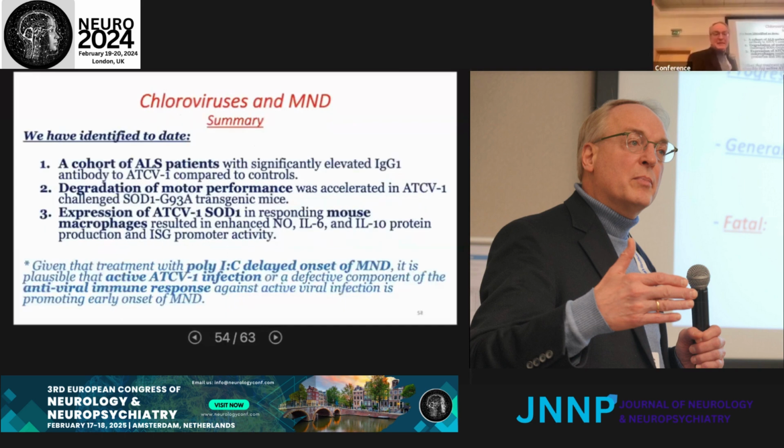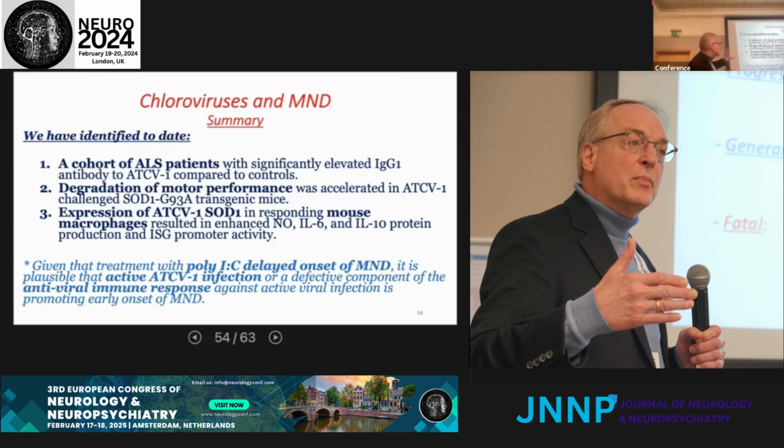So to date, we feel we've identified a cohort of ALS patients with significantly elevated IgG1 antibody compared to control. We've seen the degradation of motor performance in those transgenic animals treated with the virus, and the expression of the ATCB1 SOD1 in responding mouse macrophages resulted in enhancement of inflammatory mediators and ISG promoter activity.